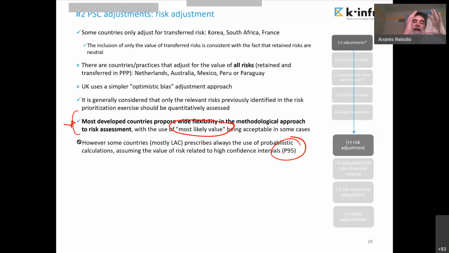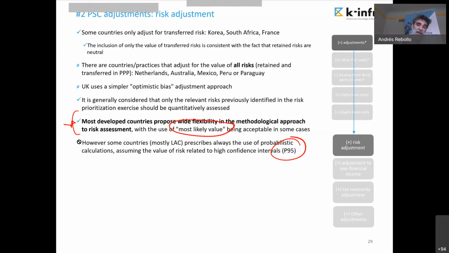So here is where most of the capability of the PPP to create value for money resides, or where the quantitative assessment says it is positive. The PSC cost adjusted for the risk that you are transferring is higher than the PPP cost. That's value for money.